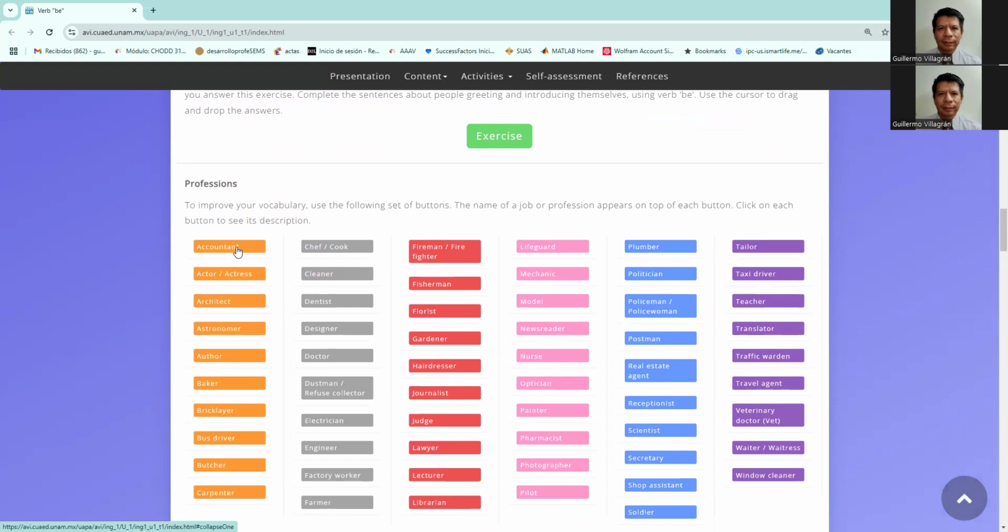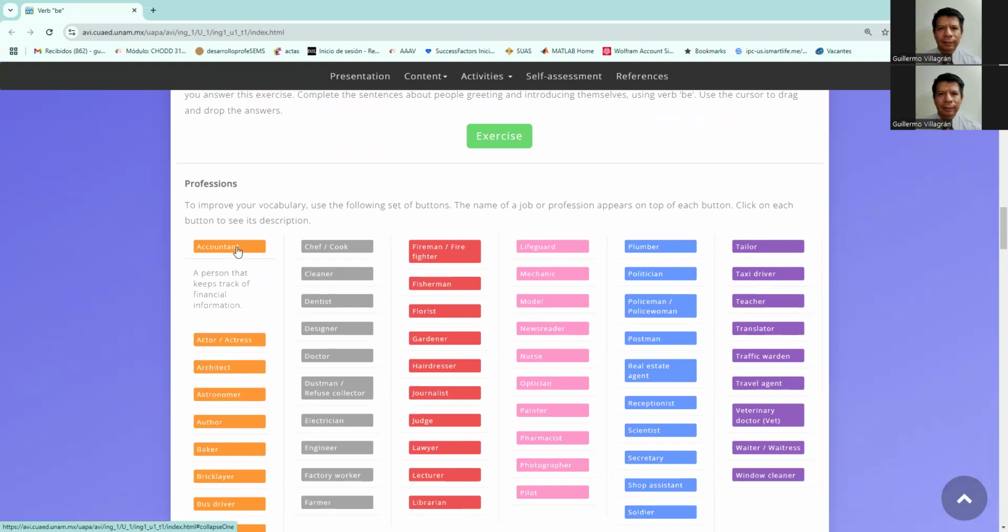Well, I invite you to check these professions to improve your vocabulary. In this case, you can click the profession and a description appears. For example, in case you don't know what the profession means, maybe with this description it can be clear.